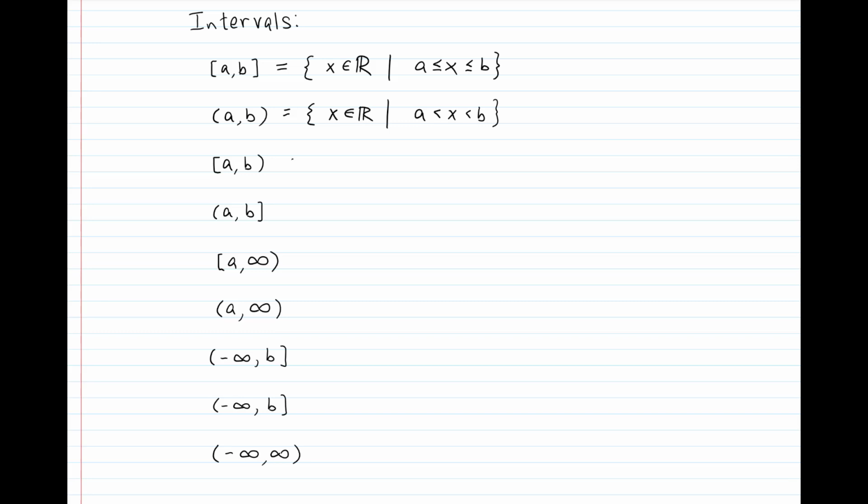The next one would be the set of all x in the real numbers such that x is equal to or greater than A and less than B. So go ahead and think about how you would write the remaining, well, let's leave the last one by itself for now. Let's just say the next 5. How would you write those? Oh, and I see I accidentally repeated myself down there where I meant to put a parenthesis.